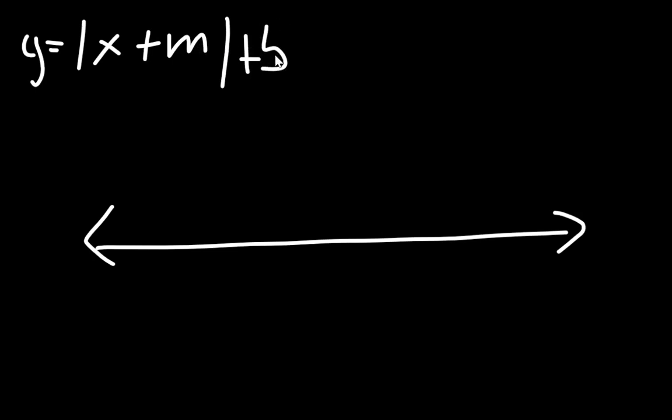Absolute value. Absolute value is also like quadratic equations where x is squared. If it's just y equals the absolute value of x plus m, without the b, then it can only be positive or only like this.